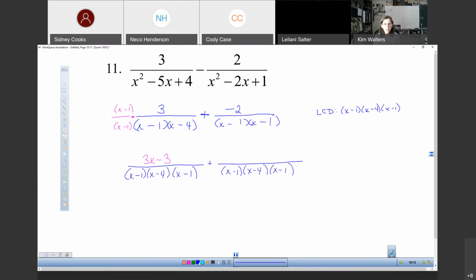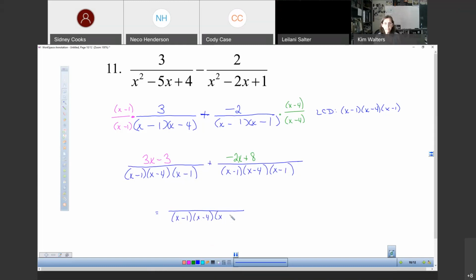In this second one, I have an x minus 1 and an x minus 1. I need an x minus 4 to complete this. And so x minus 4 is what I'm going to have. And this is going to give me negative 2x plus 8. And now I have a common denominator: x minus 1, x minus 4, x minus 1.